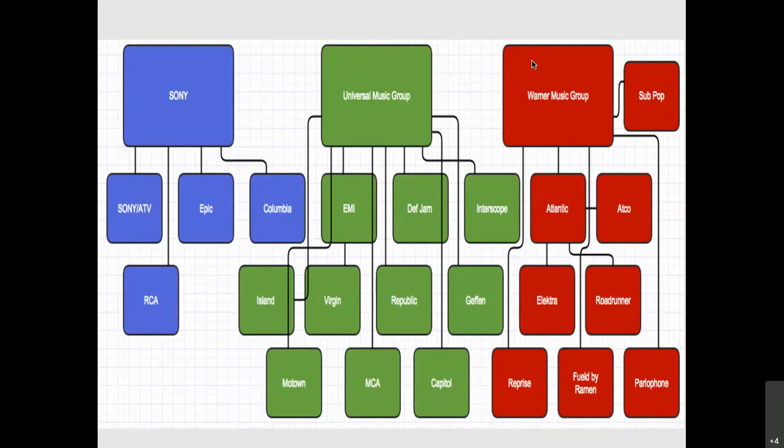And then we look at Warner, which is Warner, Atlantic, Elektra, Asylum, Atco, Sub Pop, Roadrunner. And you can see that like Roadrunner and Elektra come underneath Atlantic as sub labels. And Reprise, Fueled by Raymond, there's just a whole bunch of them, and some of them are sub labels of each other.